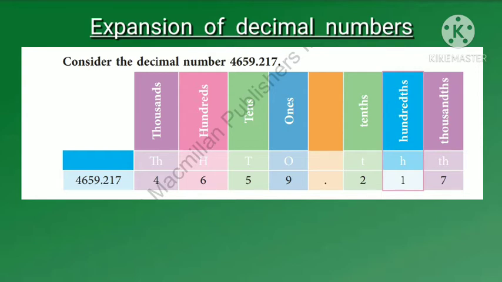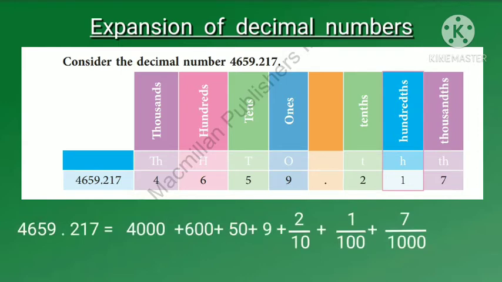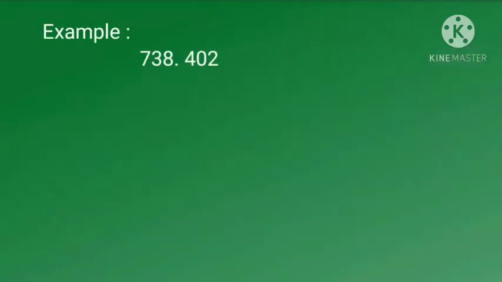Here 4659.217 can be written in the expanded form as 4000 plus 600 plus 50 plus 9 plus, after the decimal, 2 by 10 plus 1 by 100 plus 7 by 1000. Let's see another example.